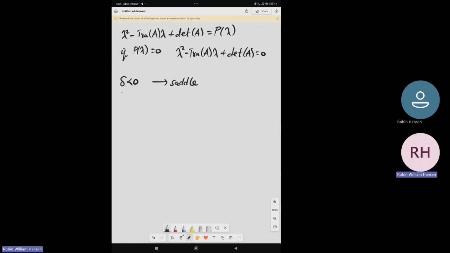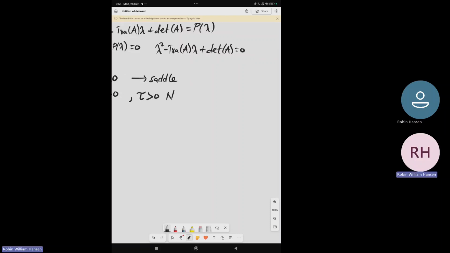If the determinant is greater than 0 and the trace is also greater than 0, then we either have a node, which is either stable or unstable.